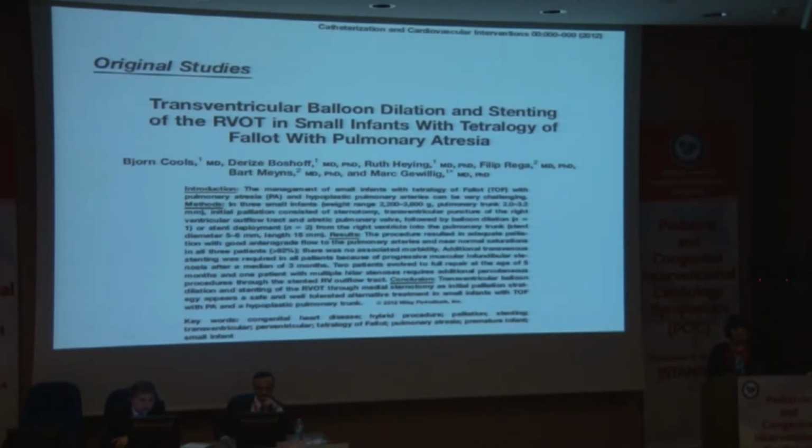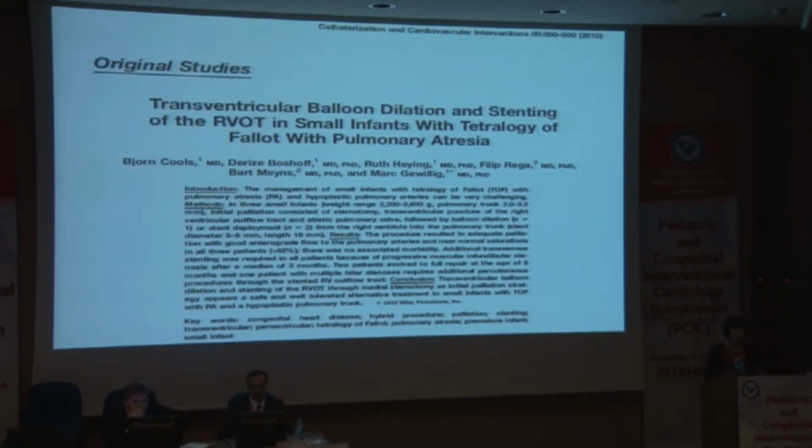Sometimes it is beneficial in very low birth weight infants with deficient pulmonary arterial flow, and especially in severely hypoplastic arteries, either in tetralogy of Fallot or pulmonary, or almost near pulmonary atresia, but where there is a connection to your outflow tract, certainly not an infundibular atresia. It might be beneficial in these patients to do right ventricular outflow tract stenting, because often these pulmonary arteries are too small and the risk for a classical shunt is too high.